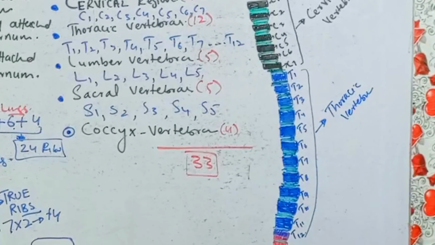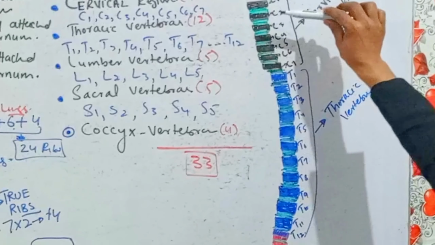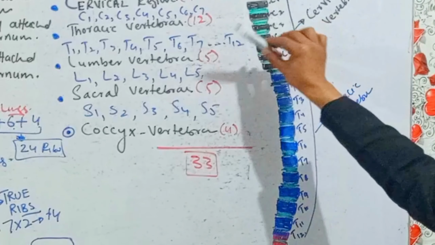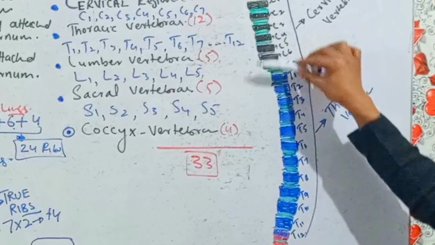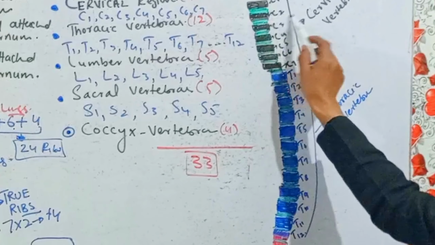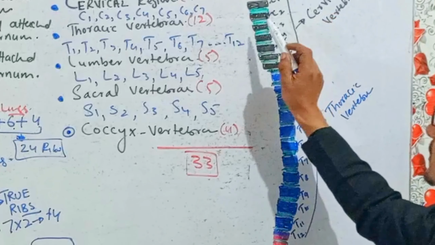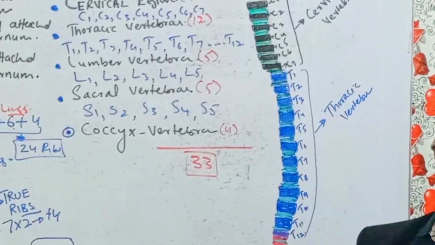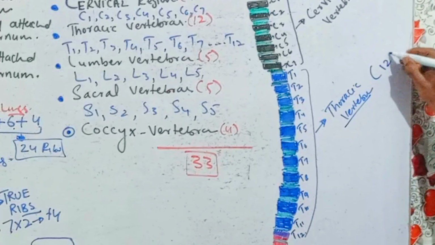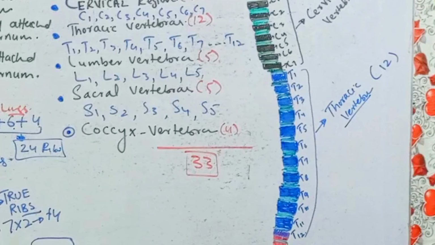These vertebrae are divided into different regions because structurally they are different from each other, and functionally also they are different, because the spinal nerves arise from different regions and innervate different parts of our body. So these are thoracic vertebrae, which are 12 in number.